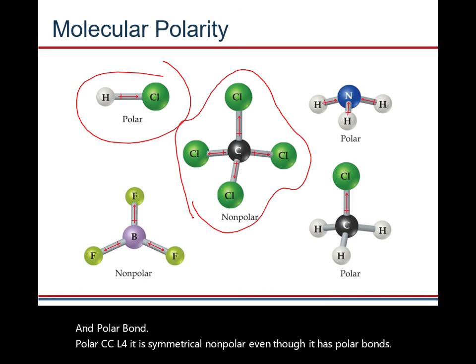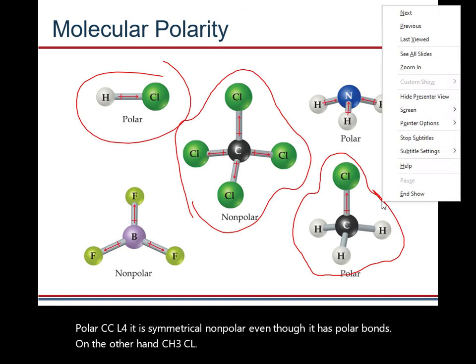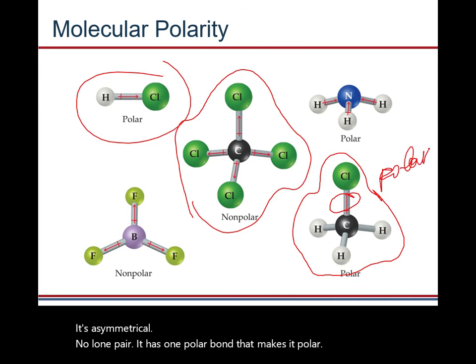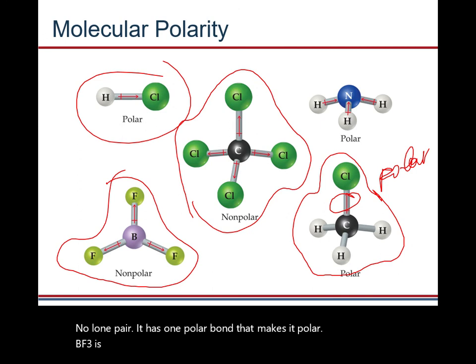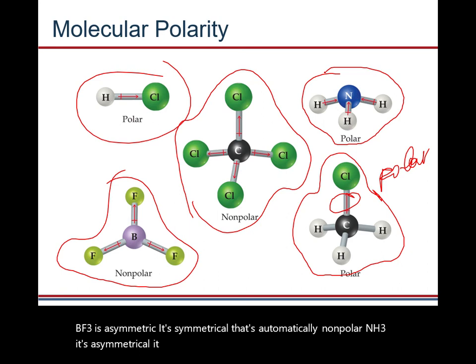On the other hand, CH3Cl, it's asymmetrical, no lone pair. It has one polar bond that makes it polar. BF3 is symmetrical, that's automatically nonpolar. NH3, it's asymmetrical, it has a lone pair, therefore it is polar.